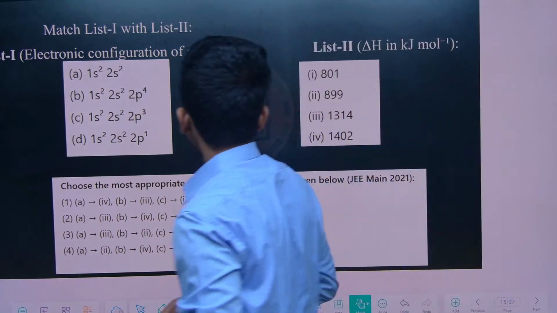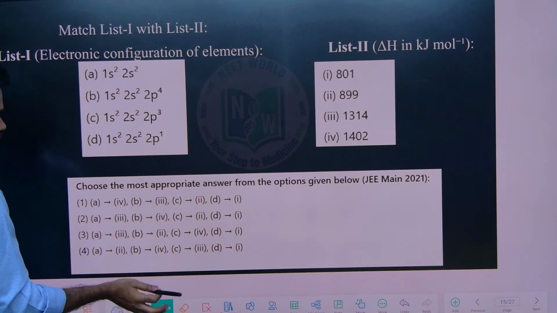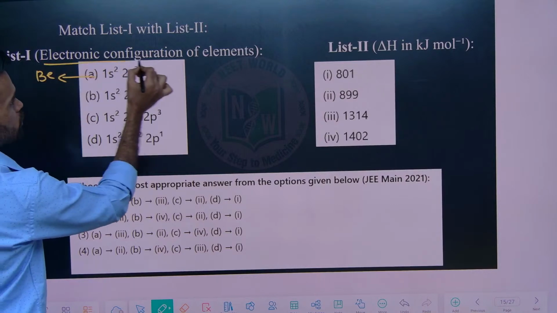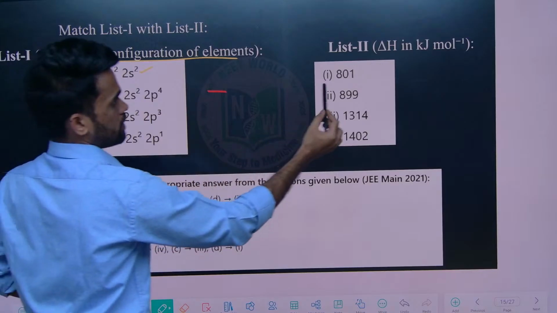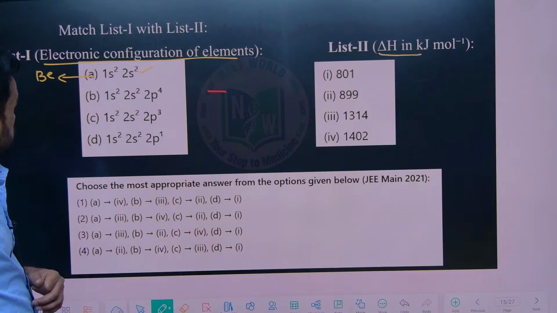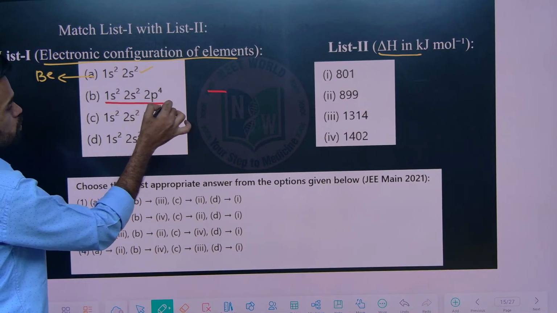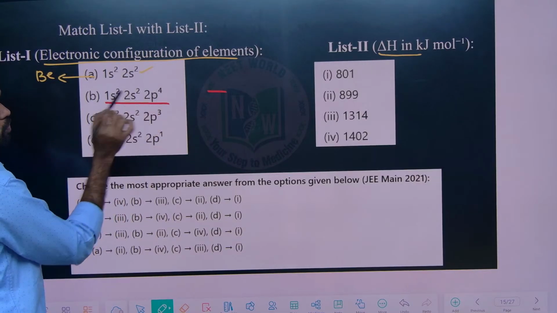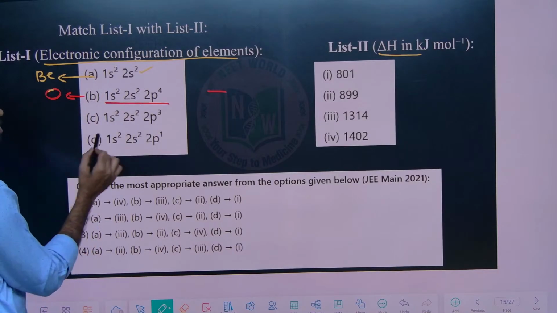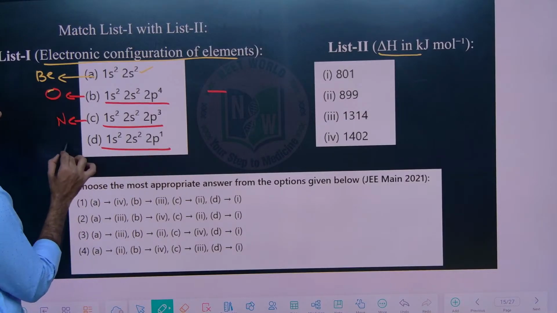This is the electronic configuration of what? Beryllium, right? So electronic configuration of elements is given and they are asking us to match with their ionization enthalpy. Now look at this. 2s2 2p4 is oxygen, because 8 electrons are there. And this is nitrogen, 7 electrons are there. Here 5 electrons are there, boron.